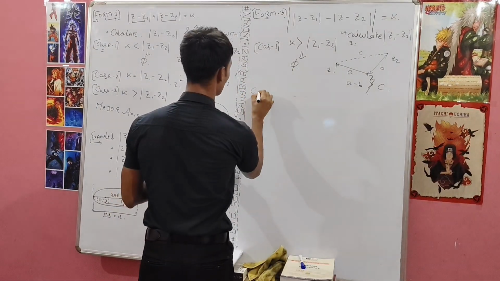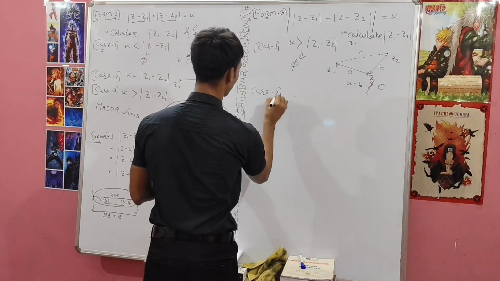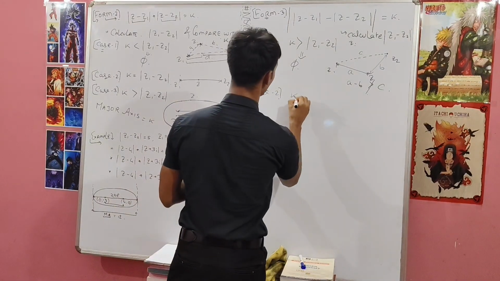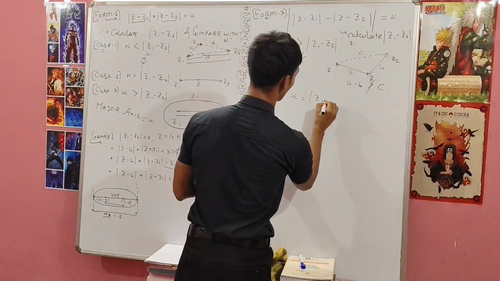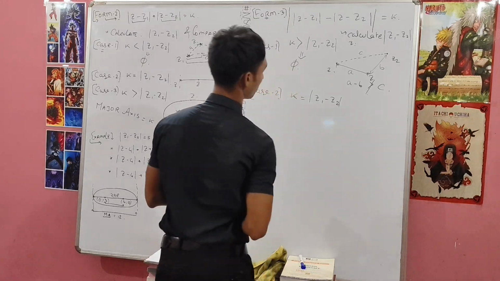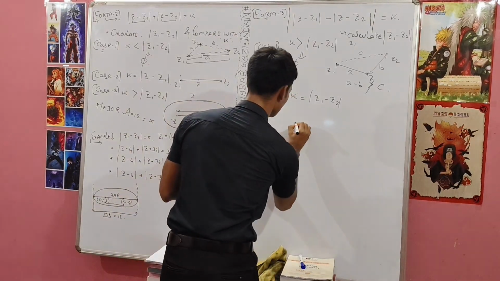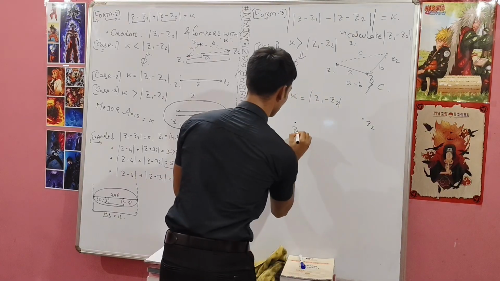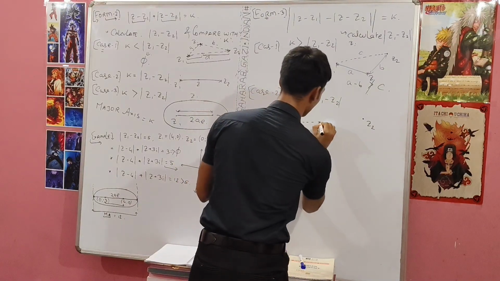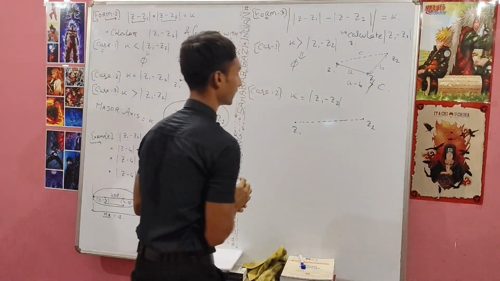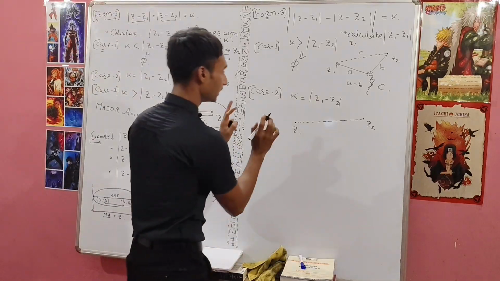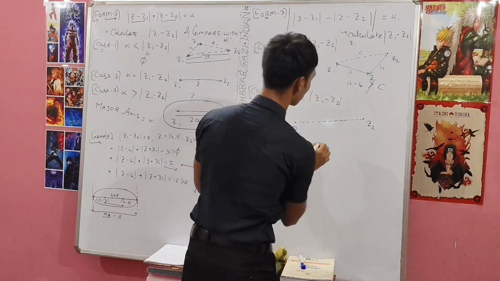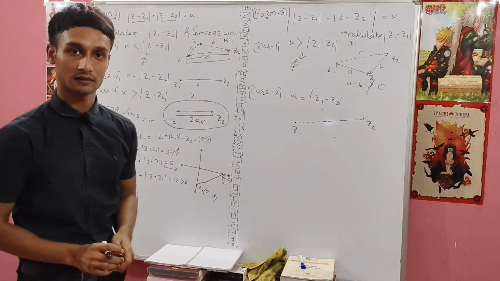Now case number 2, when k is equal to mod of z1 minus z2. In this same case, this is z1, z2. If you put z here and here, you will find the same case.